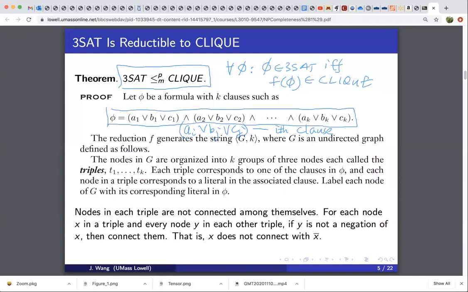Then we want to construct a graph based on what is given. A graph G is based on this formula, so I put the formula as a subscript to indicate this graph is constructed based on this given formula.